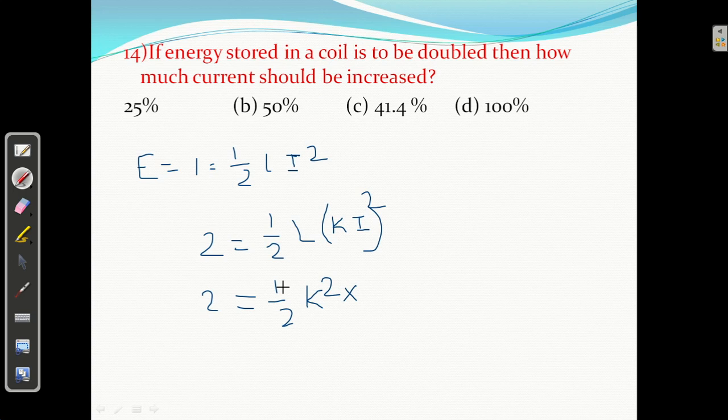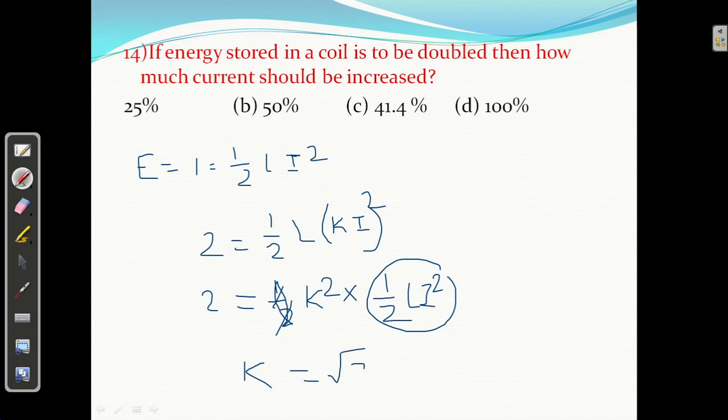into 1 by 2 L I square. If you solve it, taking K square outside, what will come is 1 by 2 L I square. And 1 by 2 L I square is equal to 1, so it is 1. So K square equal to 2, so K equal to under root of 2.